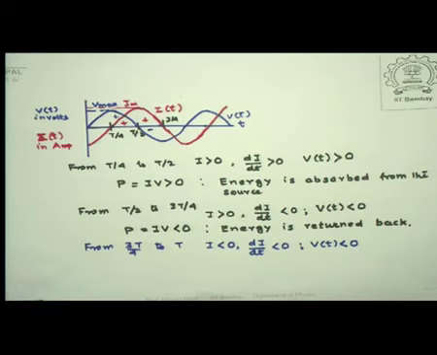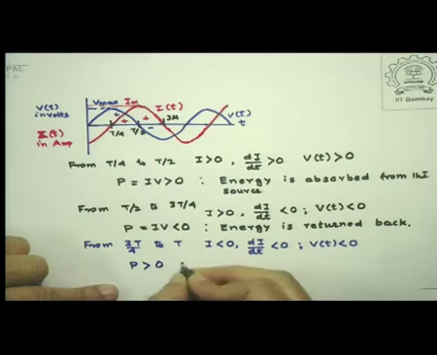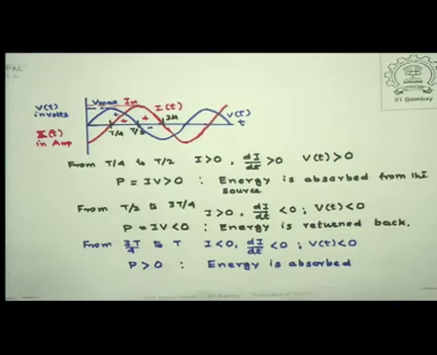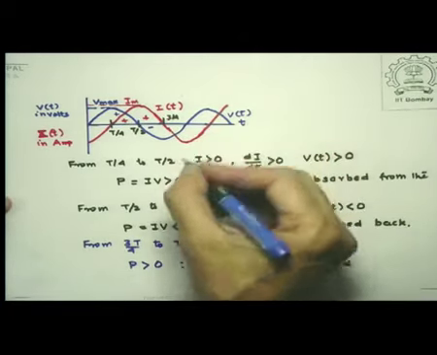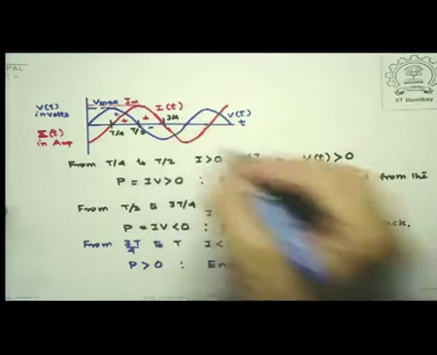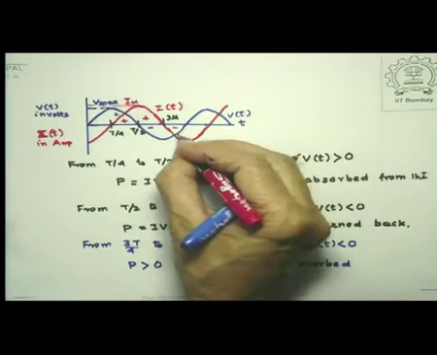But since both are negative, my power is greater than 0, which implies again that the energy is absorbed from the source. So this was from 3T by 4 to T. Here you notice this is negative and so is the current.